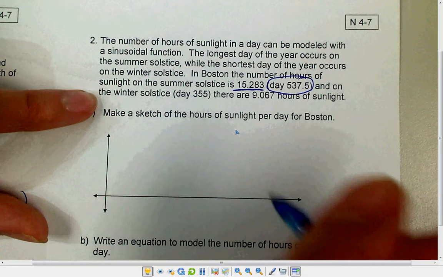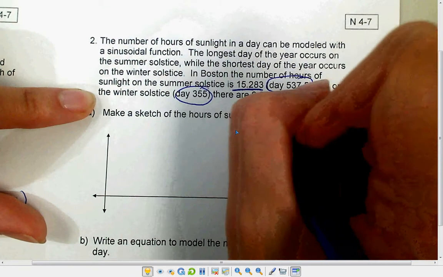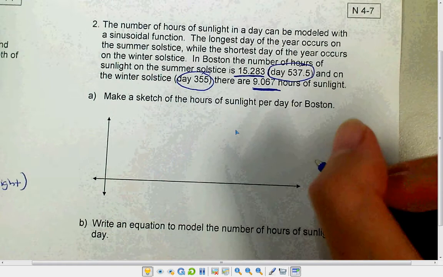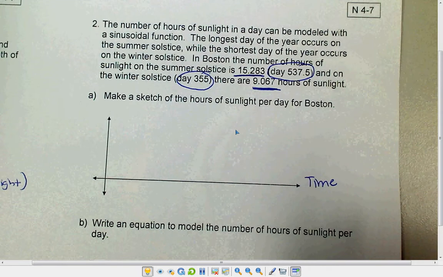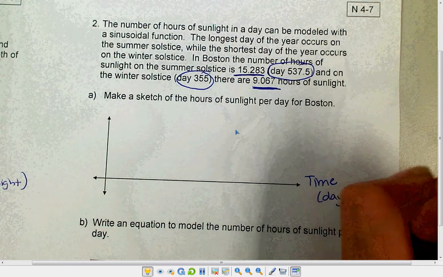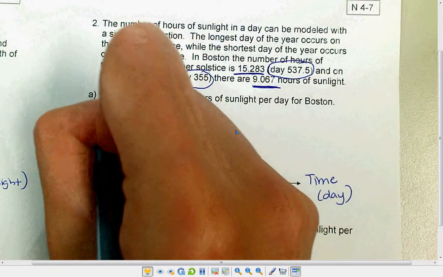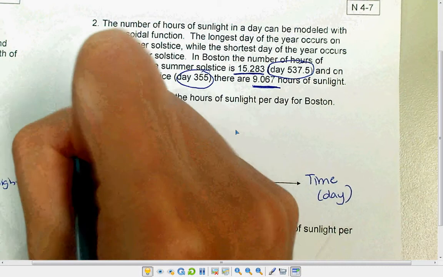And on the winter solstice, which is day 355, there's 9.06 hours of sunlight. So let's label our graph. So we have time, which in this case is by day. And then we're looking at our hours of sunlight. So sunlight in hours.